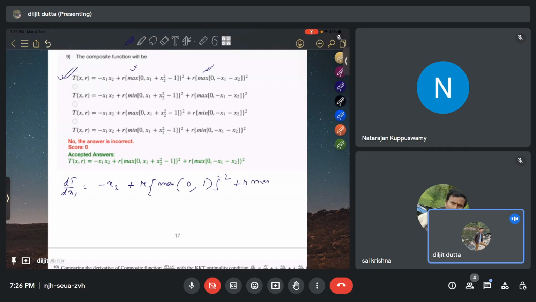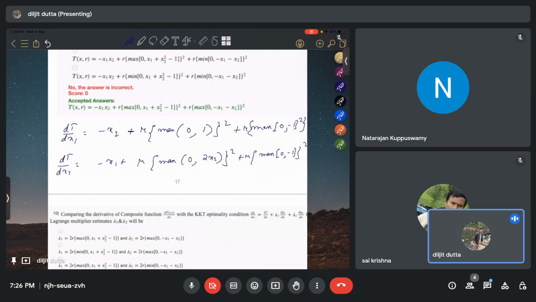R into maximum of, so we have dT by dx1 and dT by dx2.